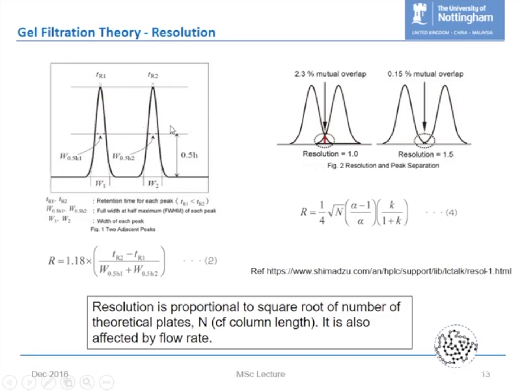There are a couple of equations here. You don't actually need these, but it's more for completeness because it's such an important component of chromatography. Basically we've got two peaks here, and we can describe the resolution based on their height, their width at half height, and the distance between them.